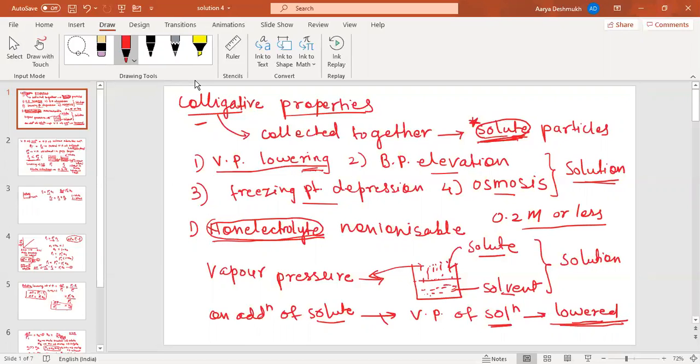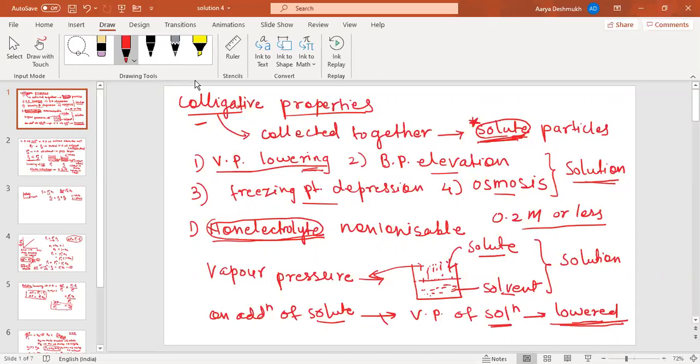The pressure exerted by this vapor on the liquid is what we call the vapor pressure. When a non-volatile, non-ionizable, that is non-electrolyte, solid is dissolved in a liquid solvent, the vapor pressure of the solution is lowered and will be less than that of the pure solvent. So the vapor pressure of the solvent is lowered by dissolving a non-volatile solute into it.